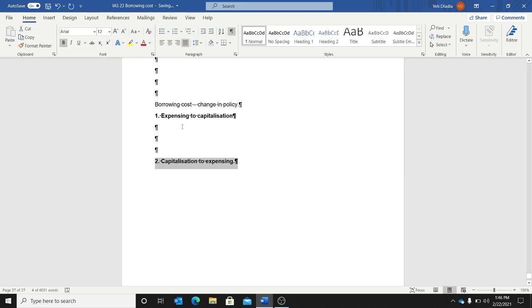One, a company, you find that the company maybe is expensing. Let's say your interest expense is 100,000. Then your interest capitalized, let's say it's 70,000.